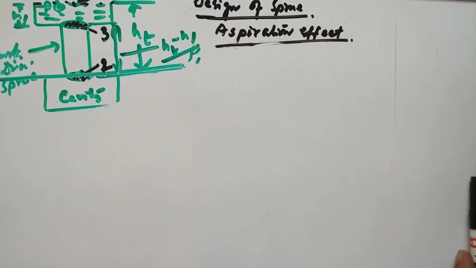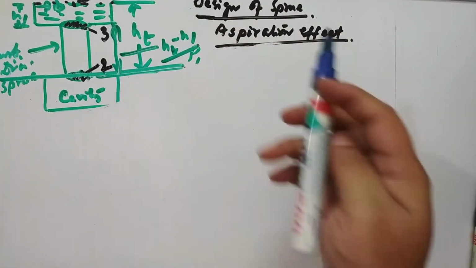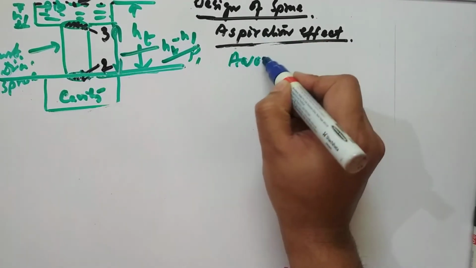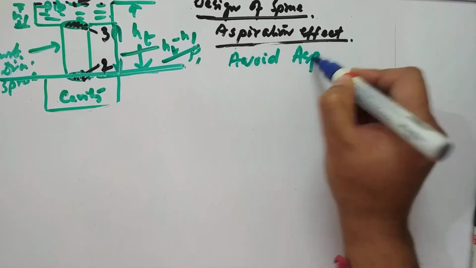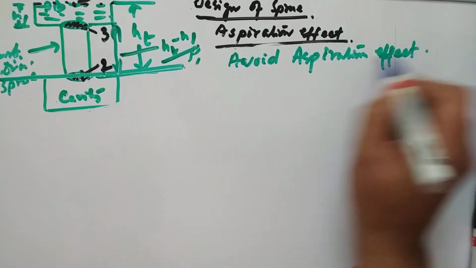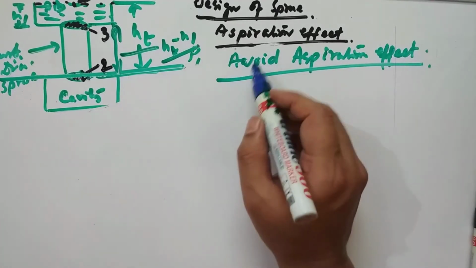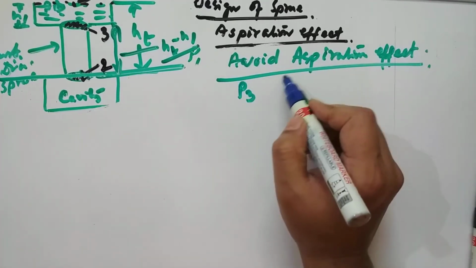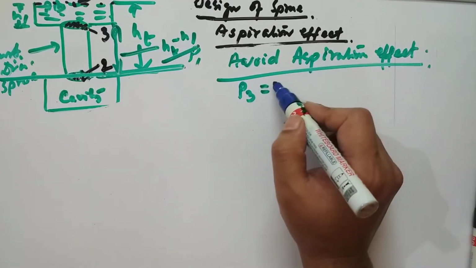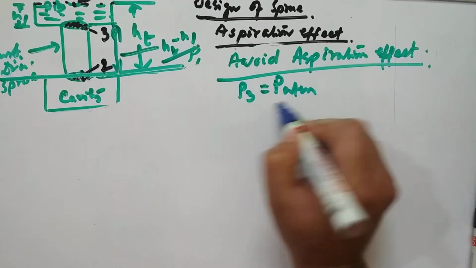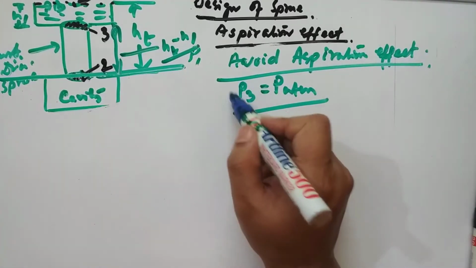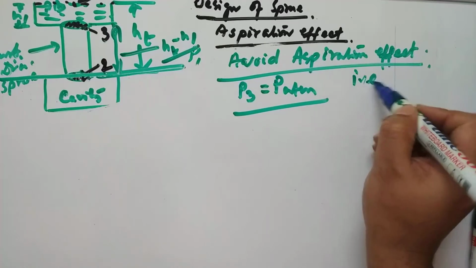Now let us consider that we have to avoid aspiration effect. So let us consider that P3 should not be less than atmospheric pressure. So I am taking P3 as atmospheric pressure in order to avoid aspiration effect. Earlier we have seen that P3 is coming to be negative.